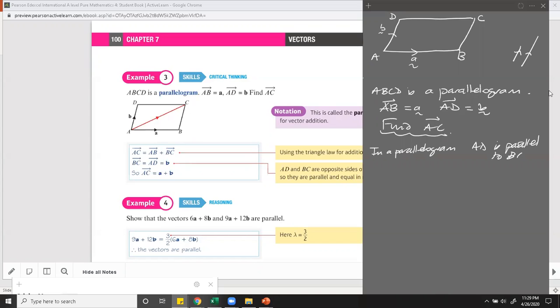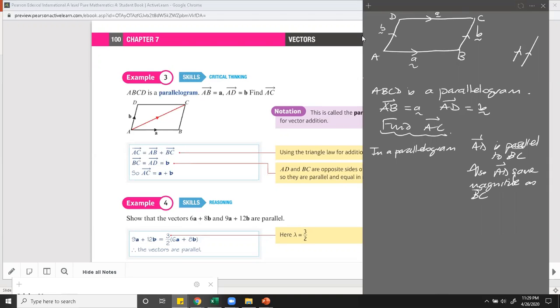Also, AD has the same magnitude as BC. So therefore, if AD is B, BC is B as well. And if AB is A, DC is A as well.